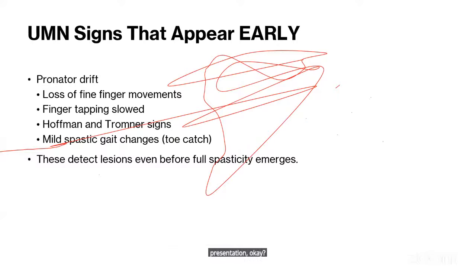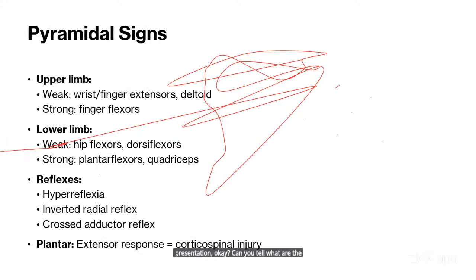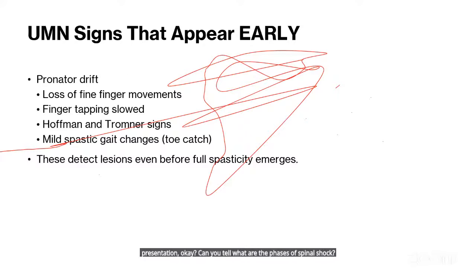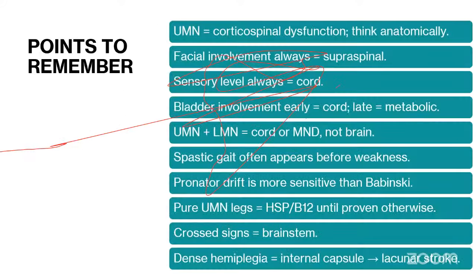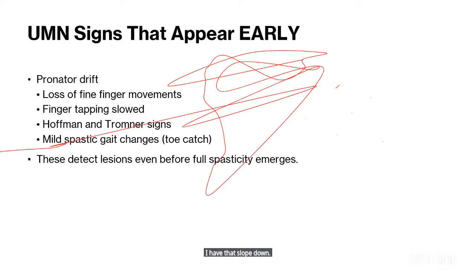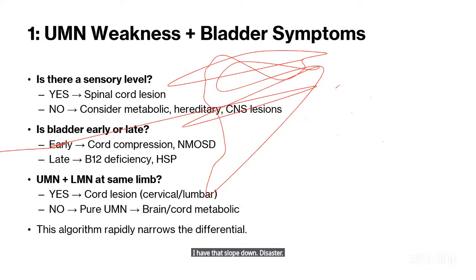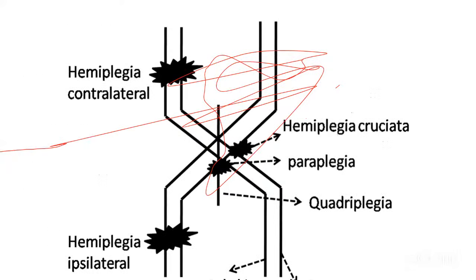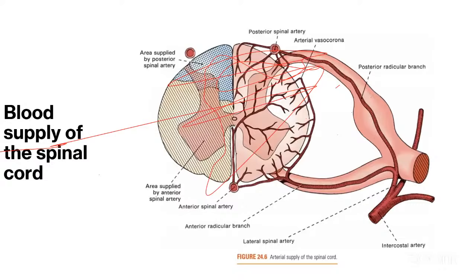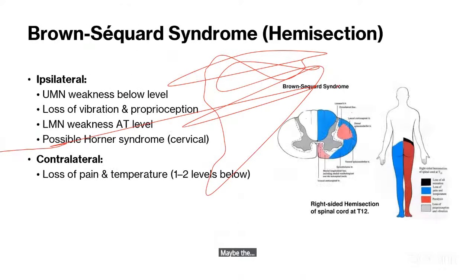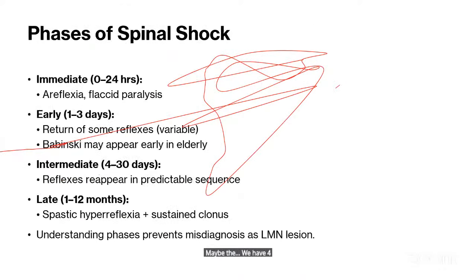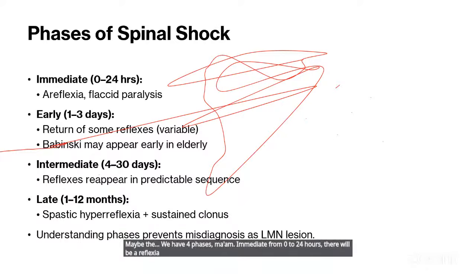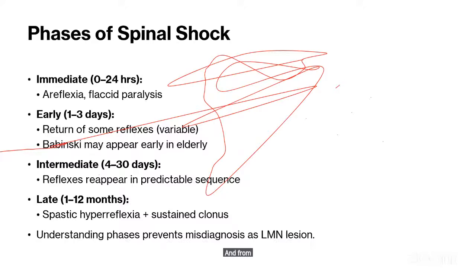Can you tell what are the phases of spinal shock? I have that slide discussed. We have four phases, ma'am. Immediate, from 0 to 24 hours, there will be areflexia and flaccid paralysis. Early, from 1 to 3 days, return of some reflexes will be there.